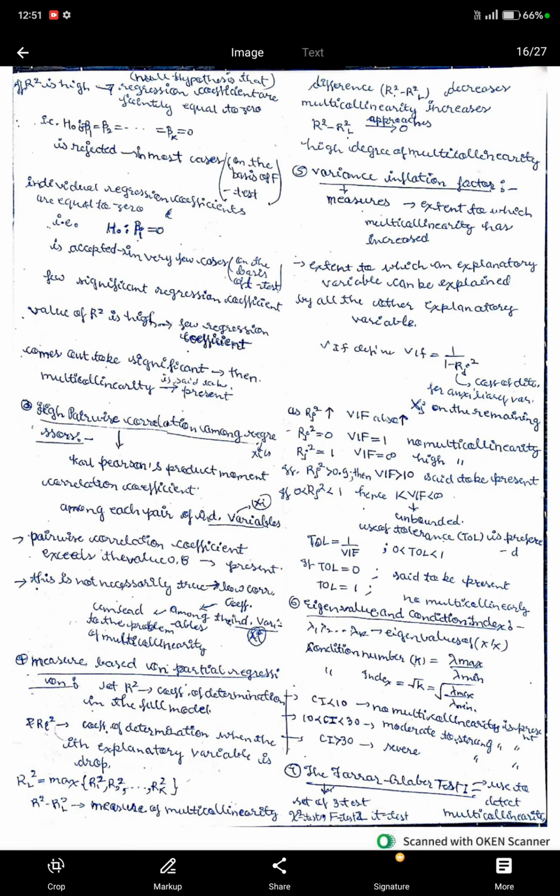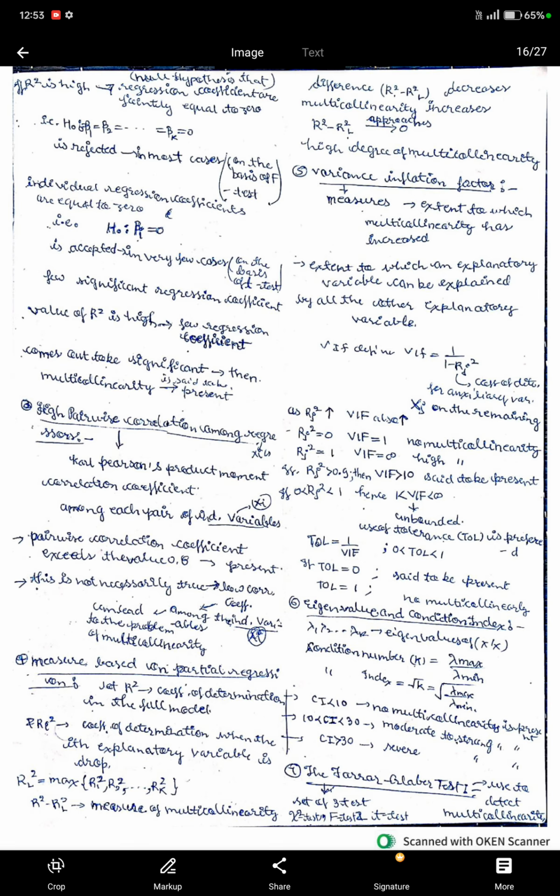Variance inflation factor. The variance inflation factor measures the extent to which multicollinearity has increased, that is, the extent to which an explanatory variable can be explained by all the other explanatory variables. VIF is defined as 1 by Rj square, where Rj square is the coefficient of determination for the auxiliary regression of xj on the remaining variables. As Rj square increases, the VIF also increases.